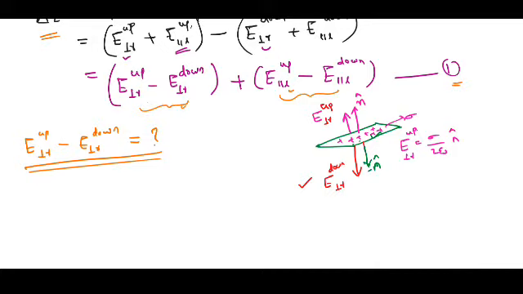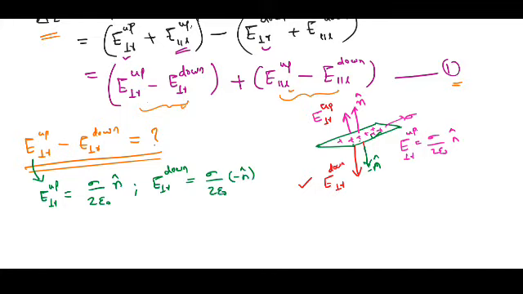Therefore, E perpendicular up is equal to sigma divided by 2 epsilon 0 n cap, and E perpendicular down can be written as sigma divided by 2 epsilon 0 minus n cap.